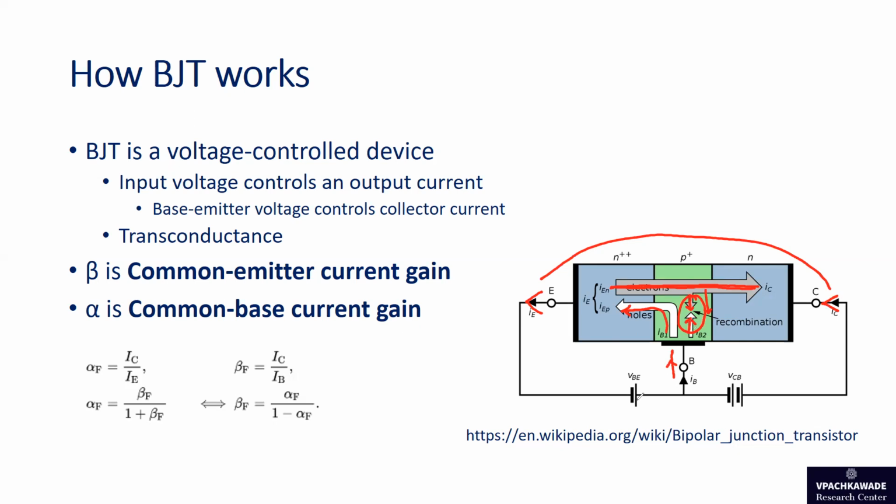So it is called a voltage control device. Why is it called a voltage control device? Because you have a forward biasing applied here, and that forward biasing controls your output current.